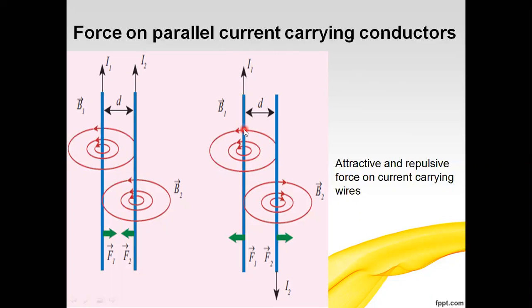The next one is also a parallel conductor, but the direction of the current is opposite. So each wire is repelled. You will see the current is flowing through this side, and the current is flowing in the opposite direction. So each wire is repulsive.